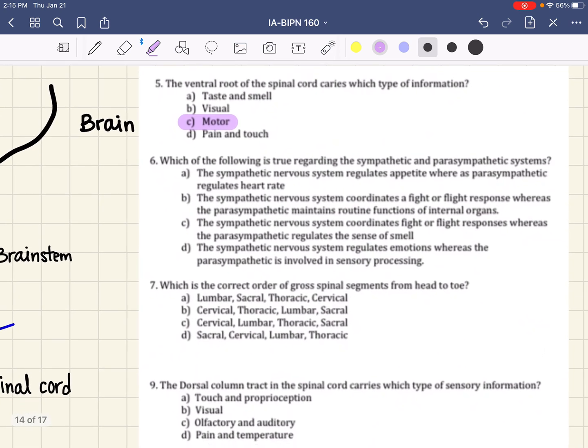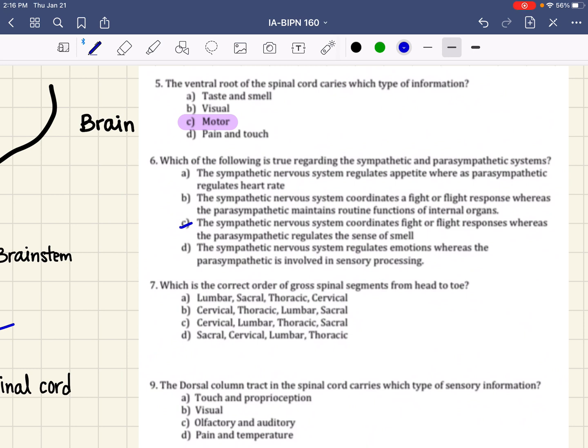Number 6, which of the following is true regarding the sympathetic and parasympathetic systems? Let me go through the answers so I don't read all of them. So it's definitely not C. That's the first one I looked at, but it's not C because the parasympathetic system regulates the sense of smell.